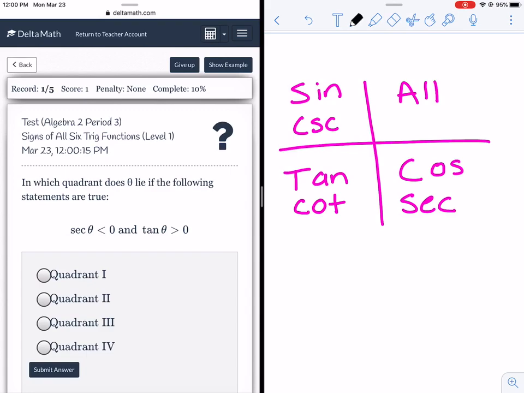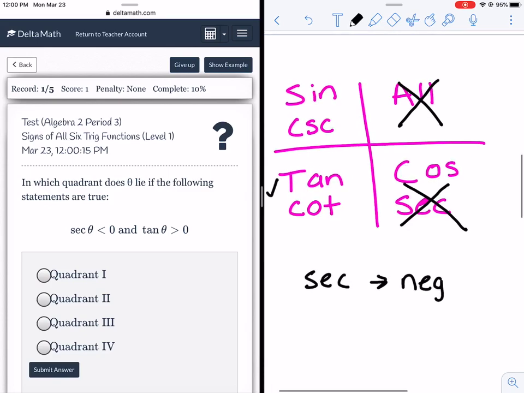So the first scenario on this one is secant is less than 0, which means secant is negative. So secant is here, but secant is positive here. So it cannot be here because secant is positive. I need it to be negative. Secant is also positive here, so it cannot be here.